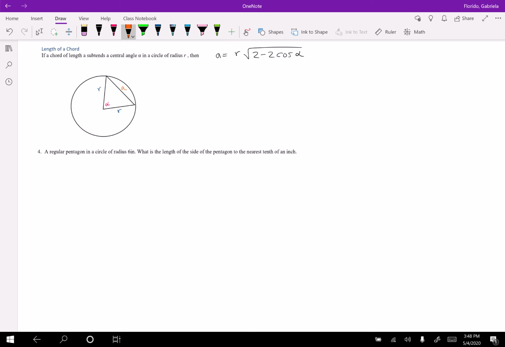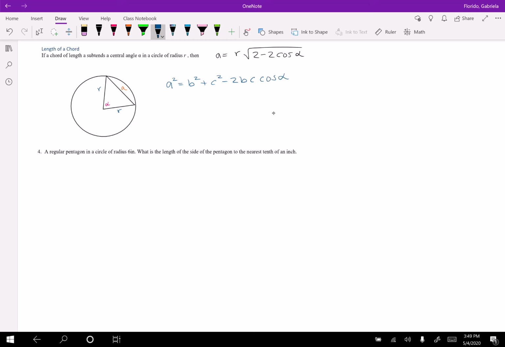So let's actually prove this. Let's actually find what a is. In order for us to find a, we could use the law of cosines. And so we have that a squared is equal to b squared plus c squared minus 2bc cosine of alpha.